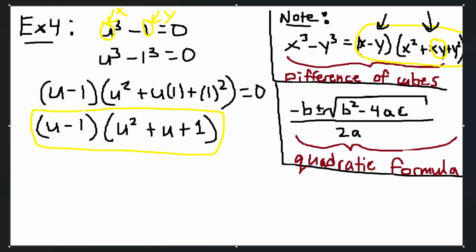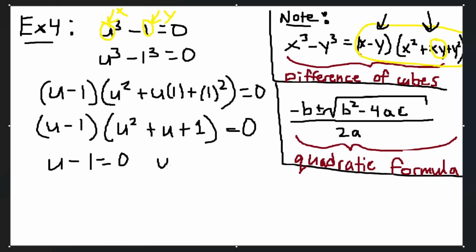But if it says to also solve for u, then set it equal to 0 and separate into these two groups: u minus 1 equal to 0, and u squared plus u plus 1 equal to 0.